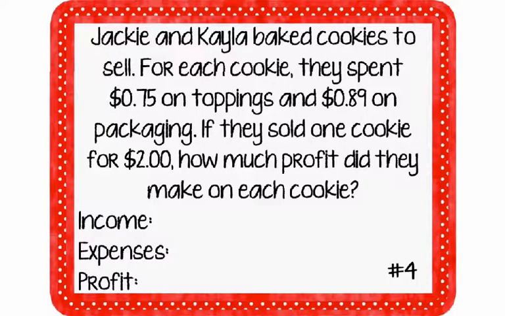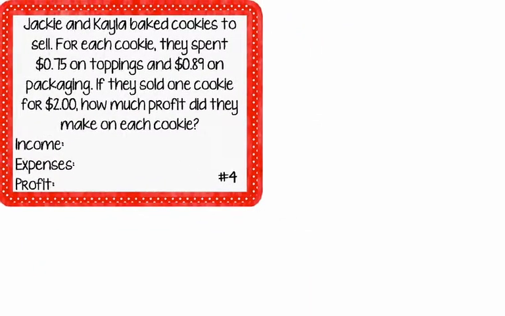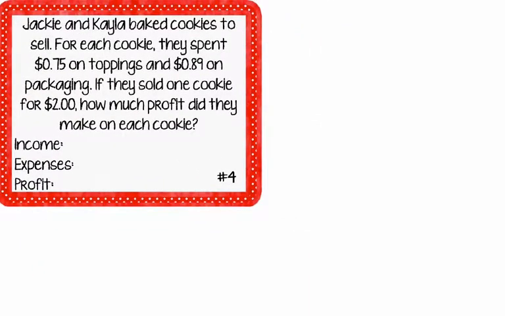Next, Jackie and Kayla bake cookies to sell. For each cookie, they spent 75 cents on toppings and 89 cents on packaging. If they sold one cookie for $2, how much profit did they make on each cookie? Okay, so we're going to start with what we know. We know that they sold each cookie for $2. So I'm going to put the $2 right here.